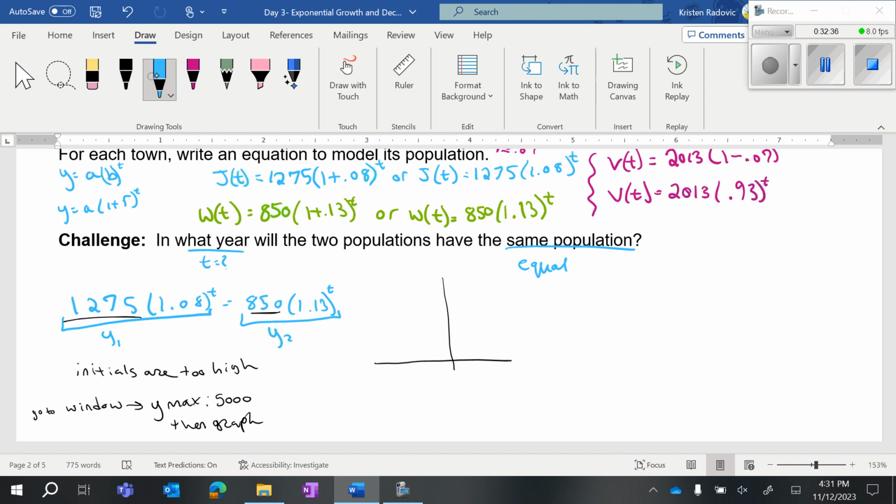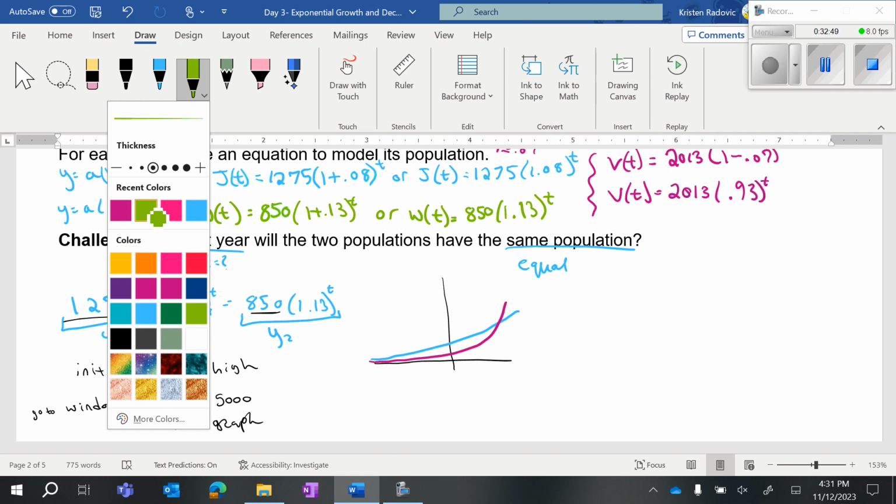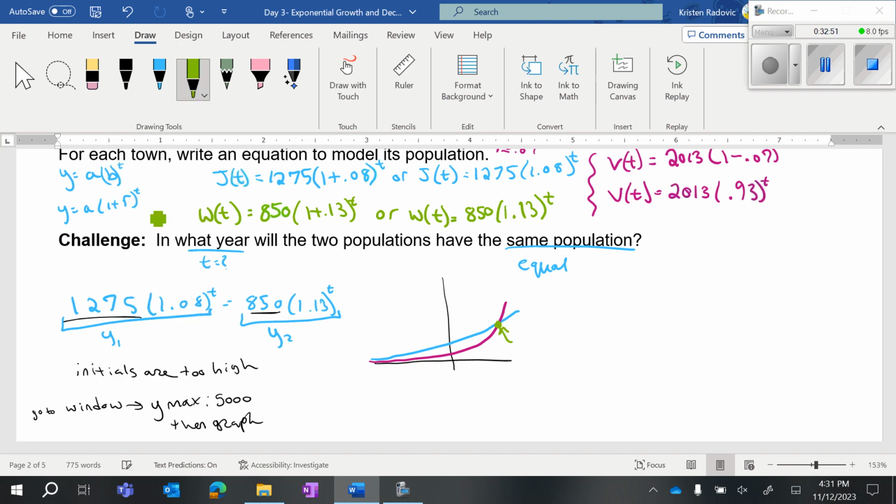If you were to graph it, you would see something that looks like that. And where they intersect is when the populations are equal. So now you would do second trace intersect. And I really think you should be following along with this on your calculator to make sure you can do it.